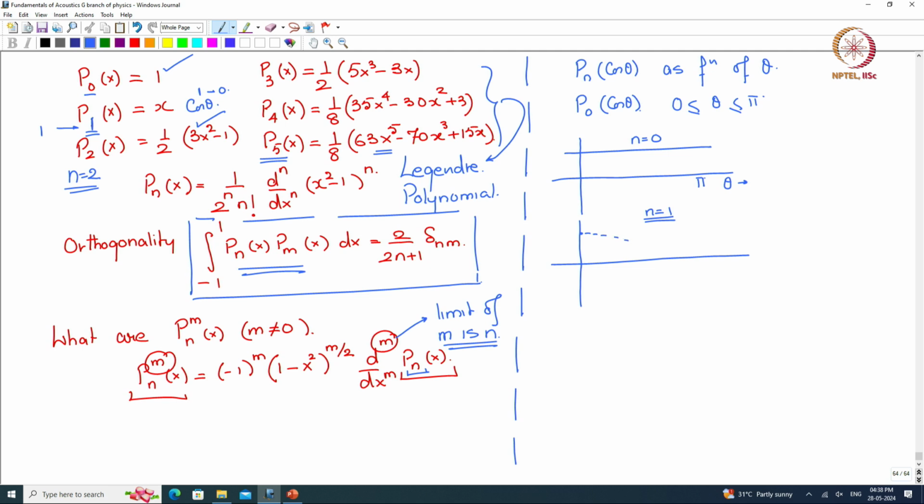At theta equal to pi by 2, it goes through 0. This is how it is. So this is minus 1, this is plus 1, this is 0, and this is theta, with pi by 2 marked.